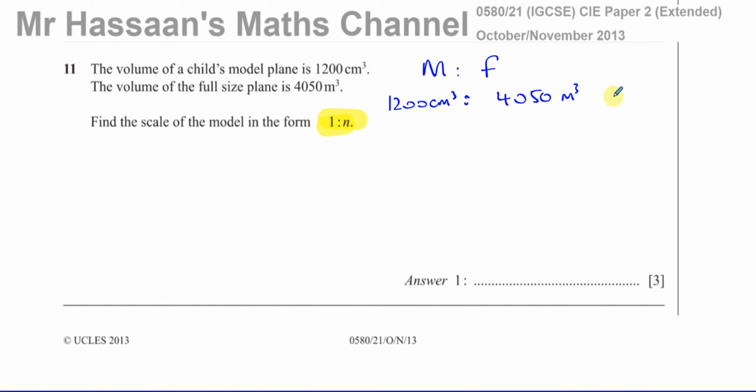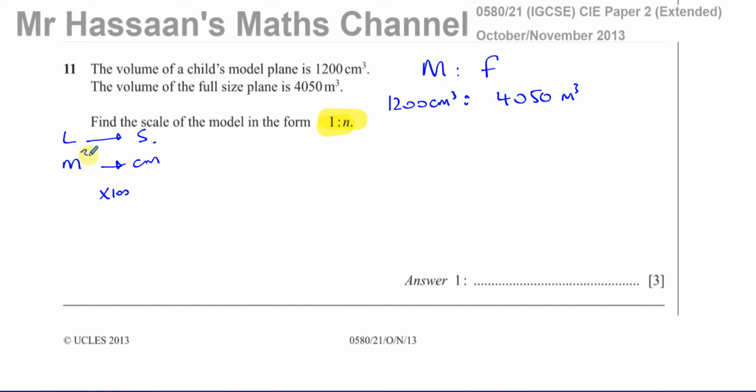Right now this is a ratio of volumes, but the units are different. So I'm going to change the meters cubed into centimeters cubed because I think that will be a bit easier. When we're changing from meters to centimeters, we're going from larger to smaller, and we have to multiply by how many centimeters are in a meter, which is 100.